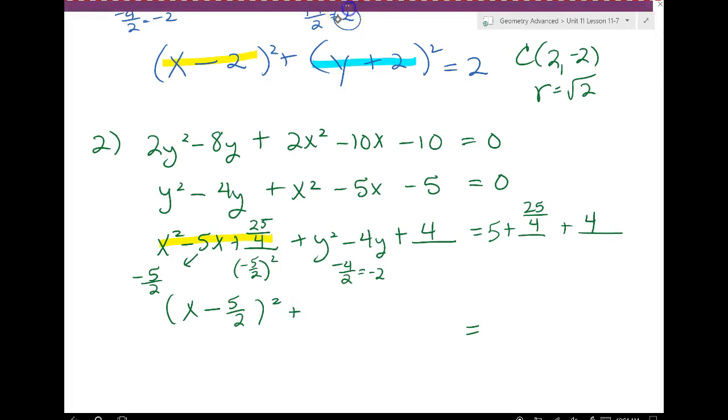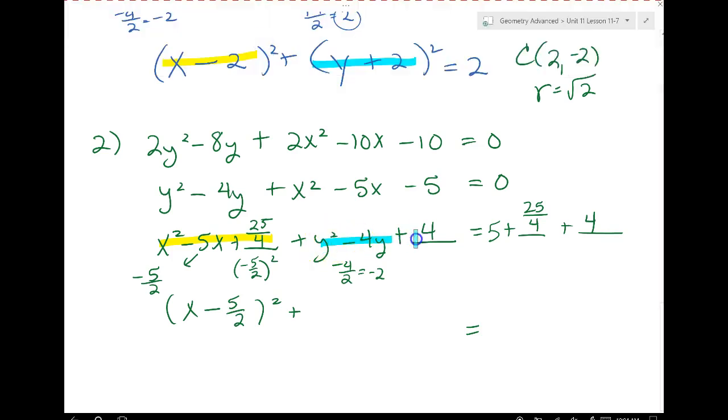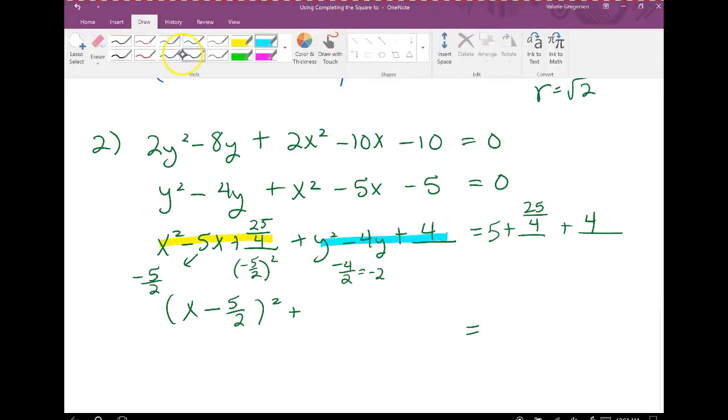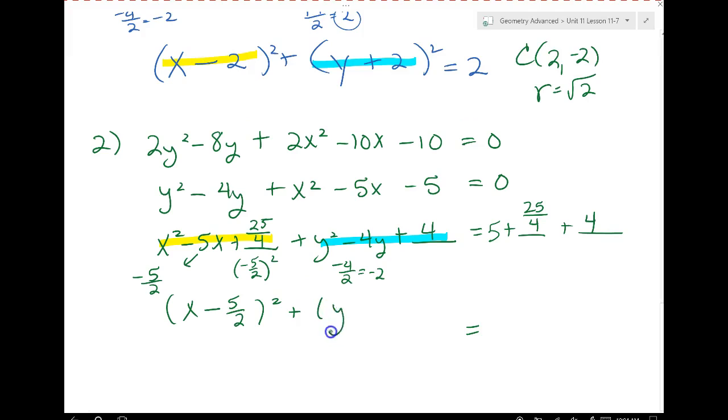Remember, we're going to go for the y. I want it to look a little more familiar to what we're working with. I'm going to have a y, what? Minus 2, right? Squared.